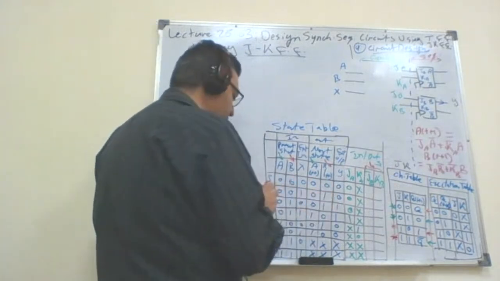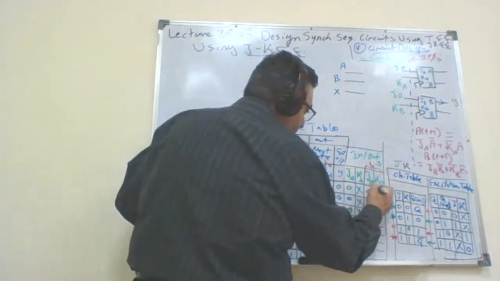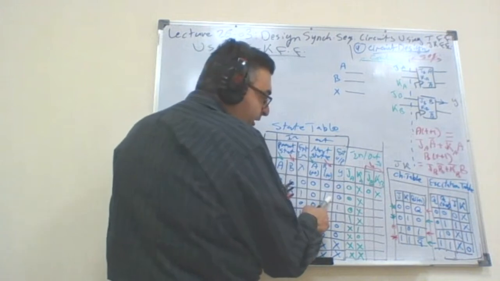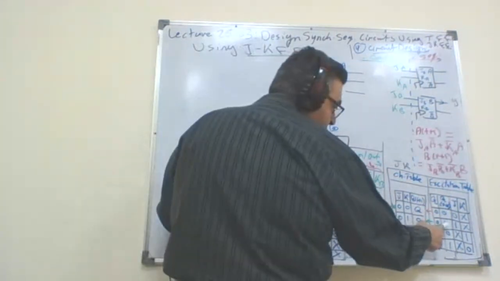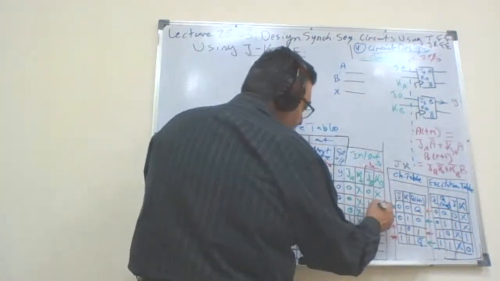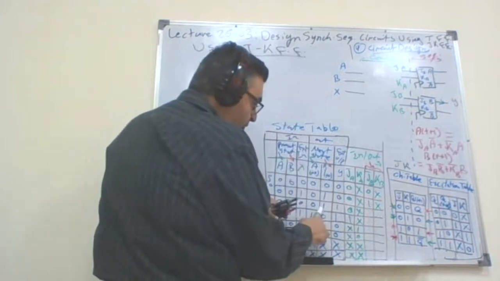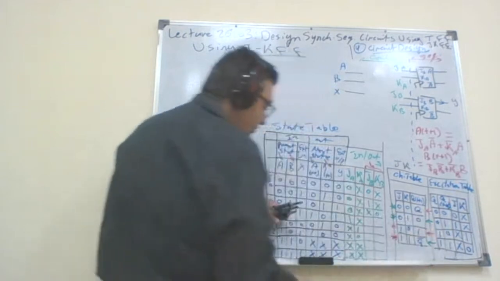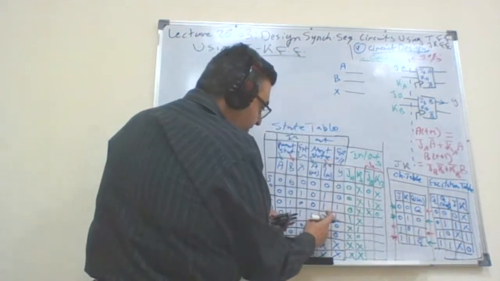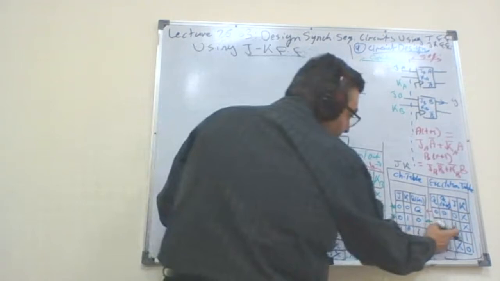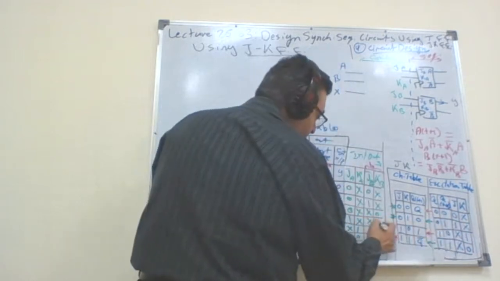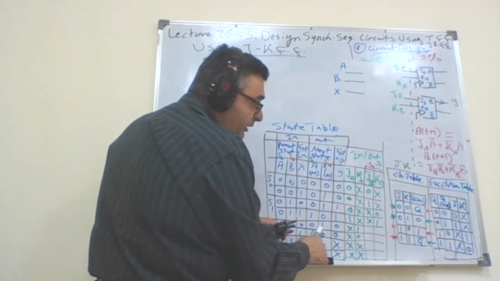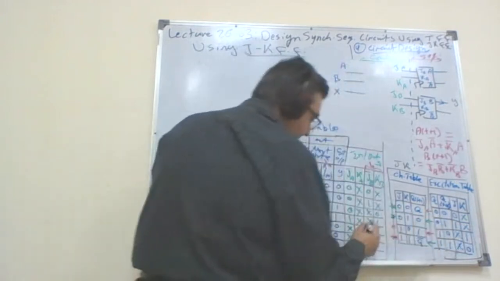0, 0 means 0x. 0, 1 means 1x. 1, 1 means x and 0 from the excitation table. 1 and 0 means x and 1. 0 and 1 means 1 and x.